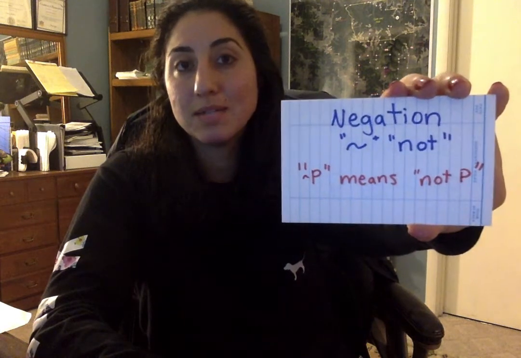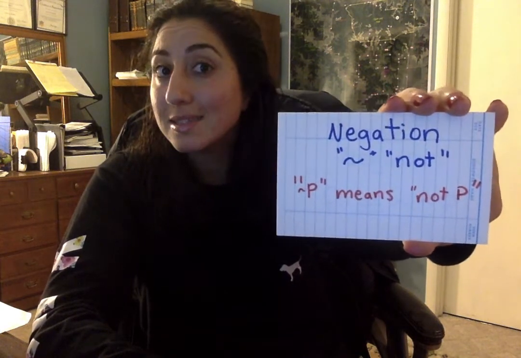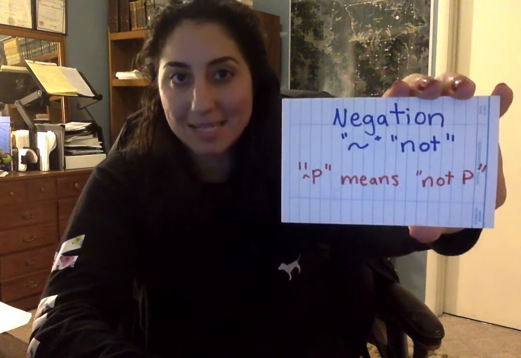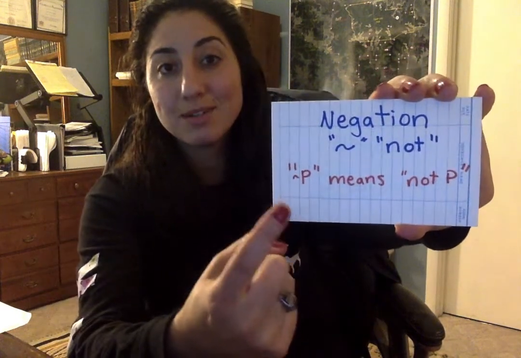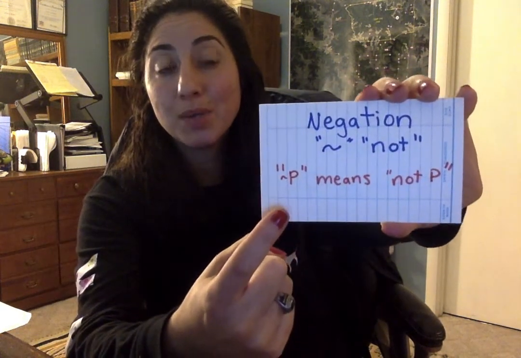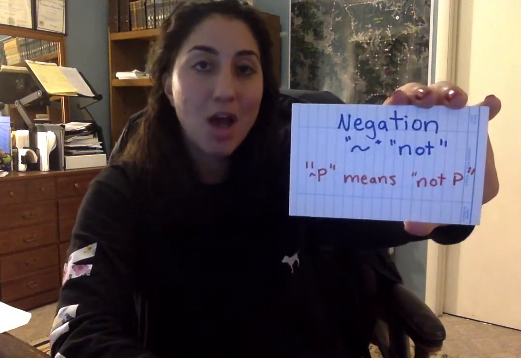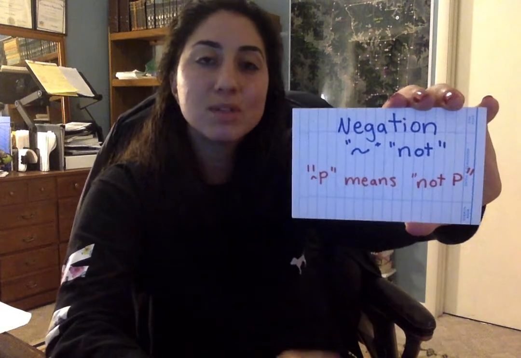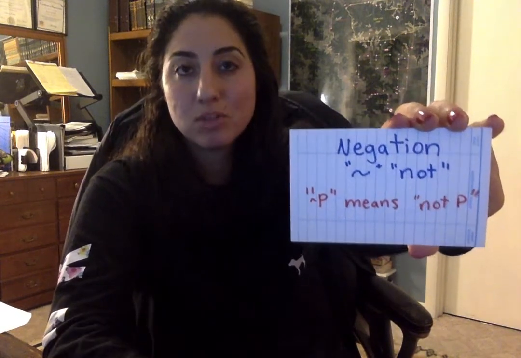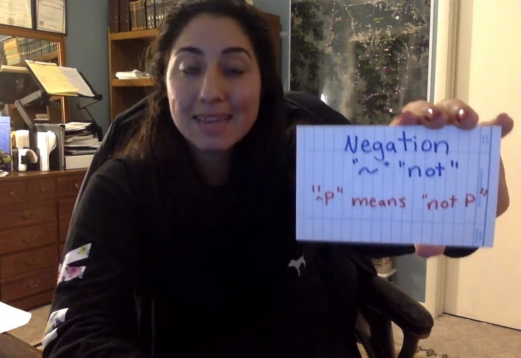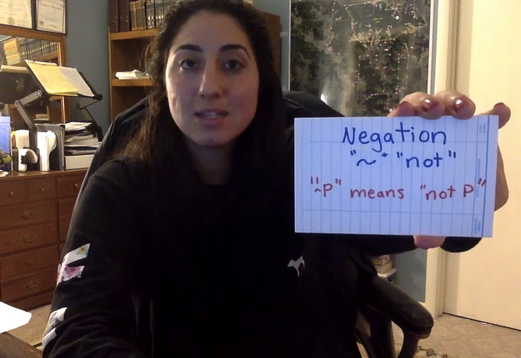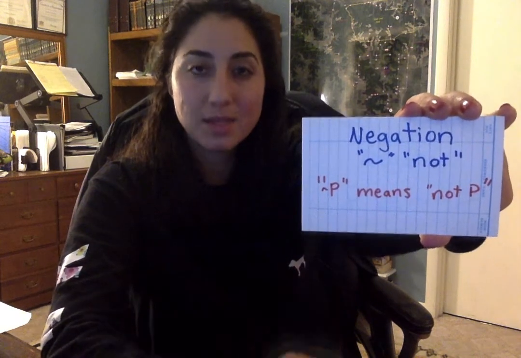So the tilde could represent the phrase "is not the case that." So if we say tilde P, we really mean it's not P, or it's not the case that P. We're somehow denying, rejecting, or negating the idea that is directly following the tilde.